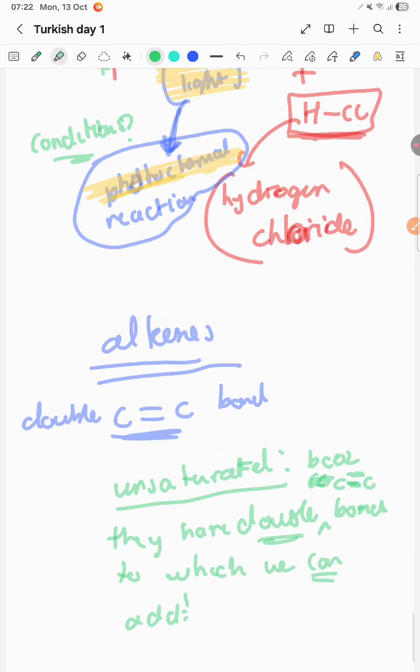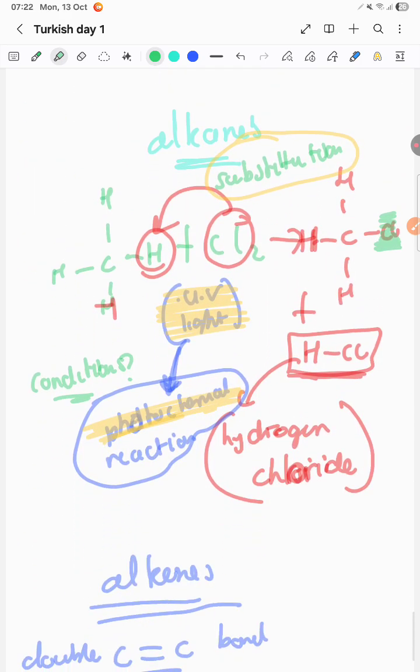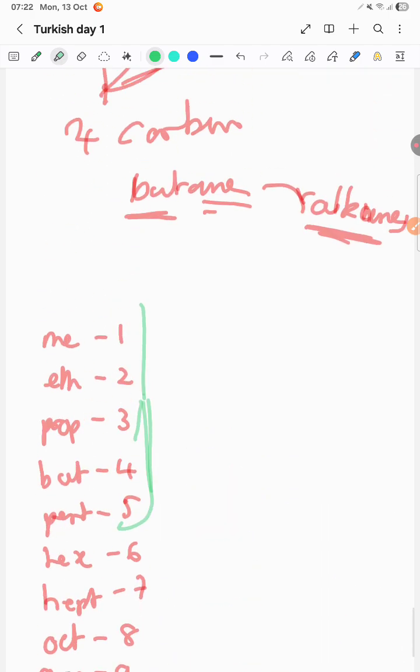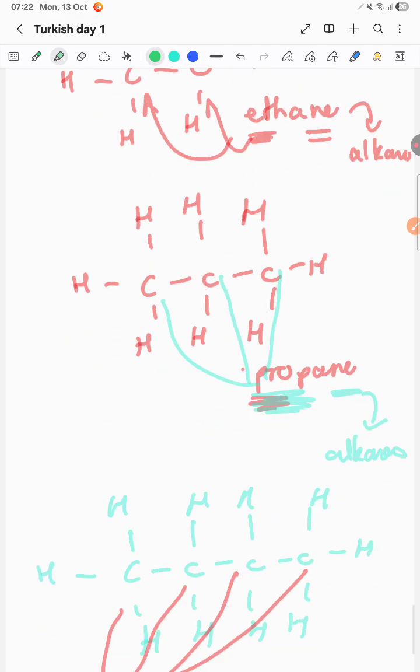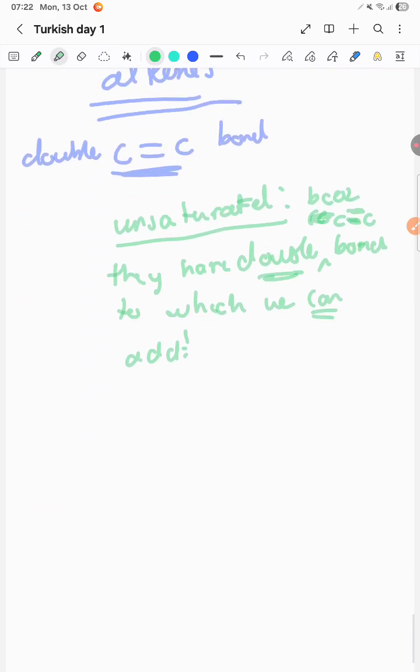Hence unsaturated. Whereas alkanes were said to be saturated because they have single carbon to carbon bonds. Saturated, single, unsaturated, double. Because we can add to the double bonds and it's not full in a sense. All right, we can take more.